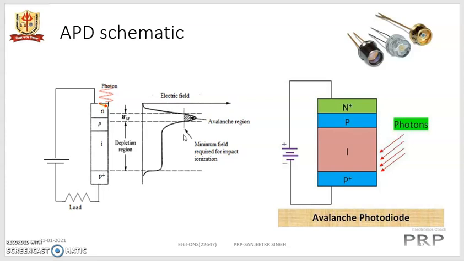This is the minimum field requirement for impact ionization to take place. The newly created carriers are also accelerated by the high electric field, gaining enough energy to cause impact ionization, and this phenomenon is the avalanche effect.